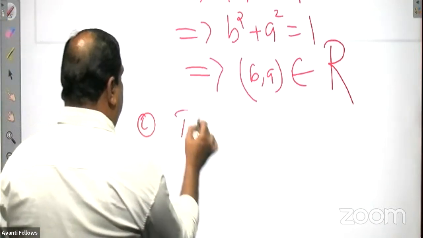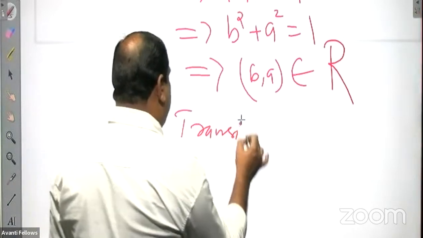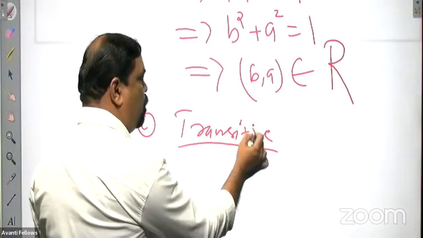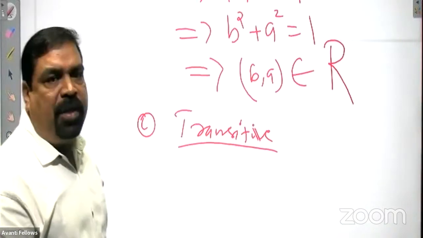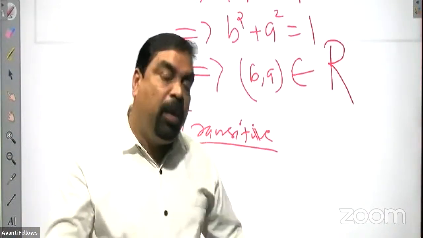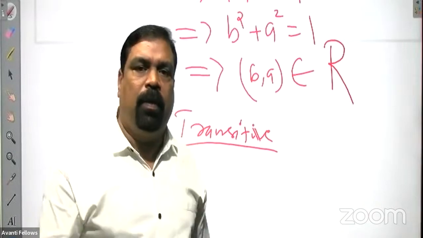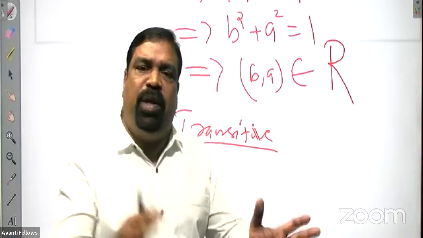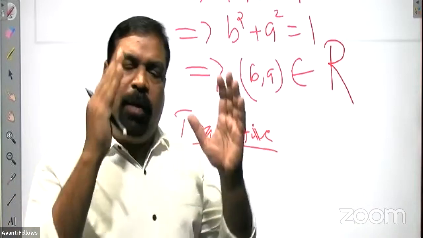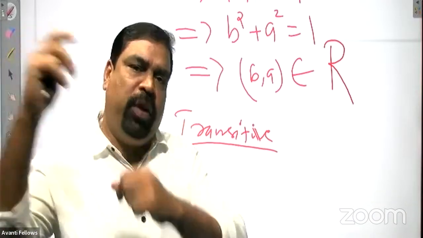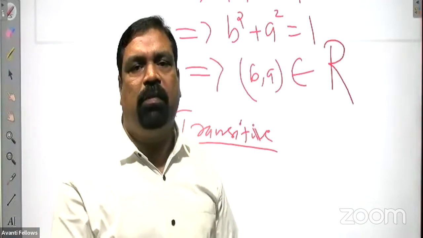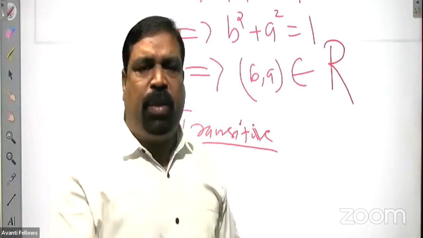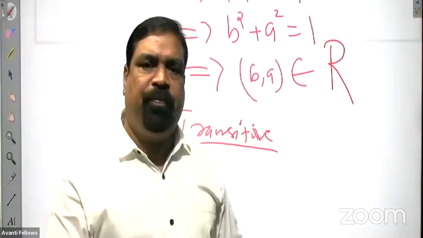Now transitive, the third one. Transitive or not? You think about that. Suppose A square plus B square equal 1, and B square plus C square is also equal 1.